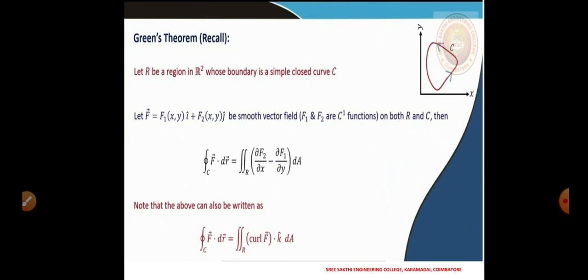If we generalize this to the third dimension, that means we have x comma y comma z, and there is a curve given in the third dimension, and the region bounded by this curve will be a surface. So what will happen now, what is the new result that we will come up with.